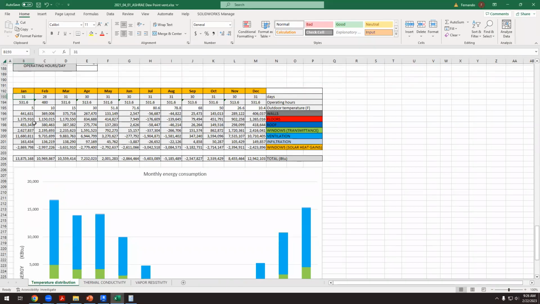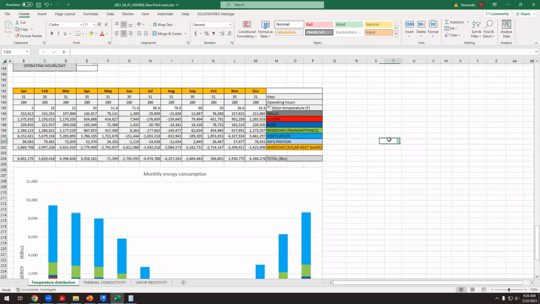So this is what we can type here. So we can have the same number. It says protected on here.